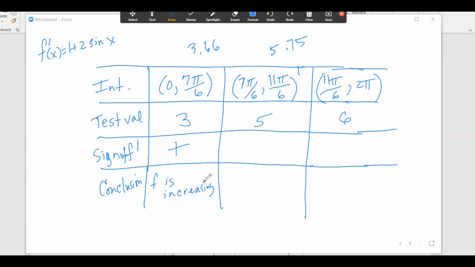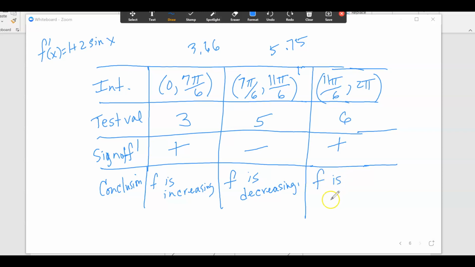When I plug in 5 into the derivative, 1 plus 2 times the sine of 5, you end up with a negative value. f is decreasing. And then when I plug in a 6, 1 plus 2 times the sine of 6, you get a positive value.